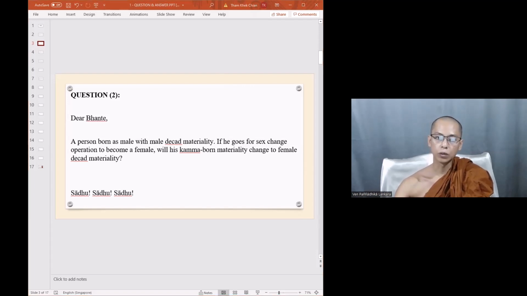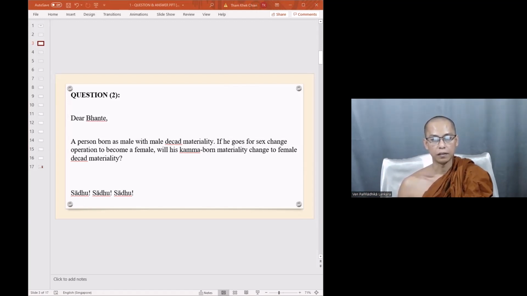So here also the changes can be possible, because the karma to produce the male sexual phenomena stops, and the karma to produce femininity started. It works, so it can change, I think, in that way.